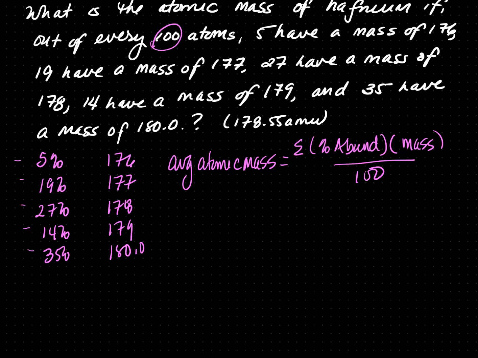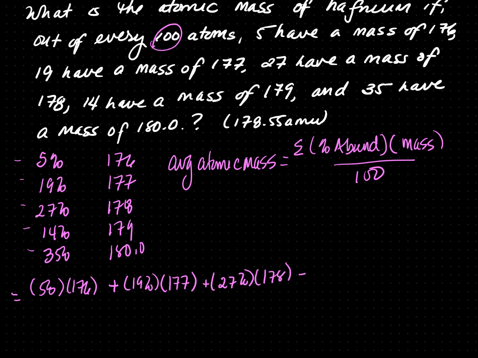So if I plug this in, this is going to be 5% times 176 plus 19% times 177 plus 27% times 178 plus 14% times 179 plus 35% times 180, divided by 100.